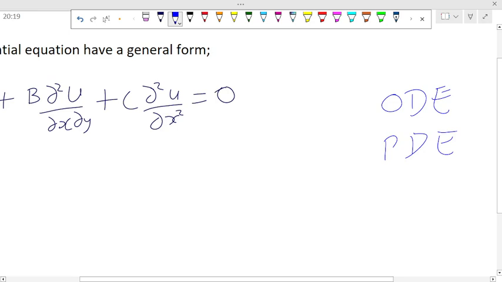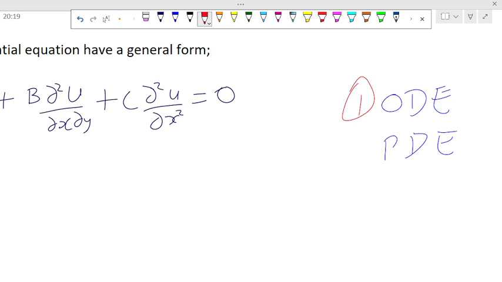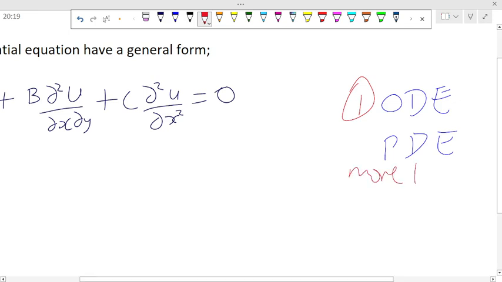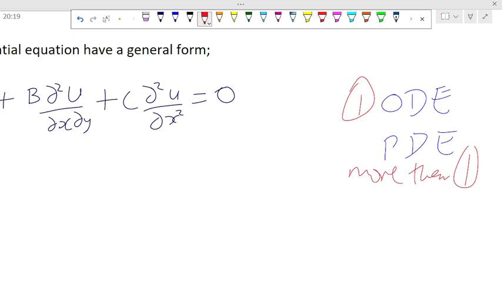The main difference between these two is that for ODE we usually have one independent variable, while for PDE we have more than one, like maybe two or three independent variables.